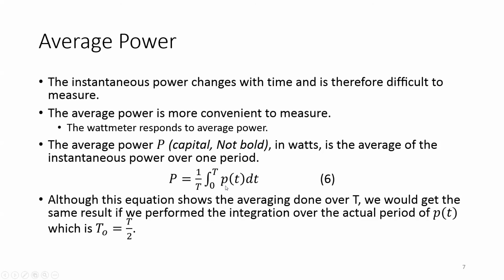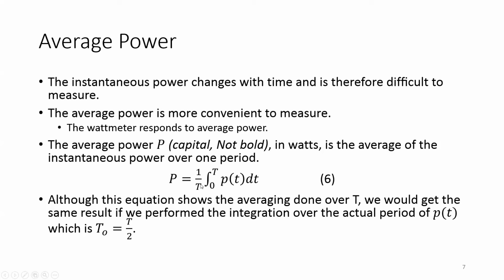So instantaneous power is given here for one time period. When integrated over one cycle, it gives us the average value. It is important to see that we are using capital T instead of T naught.